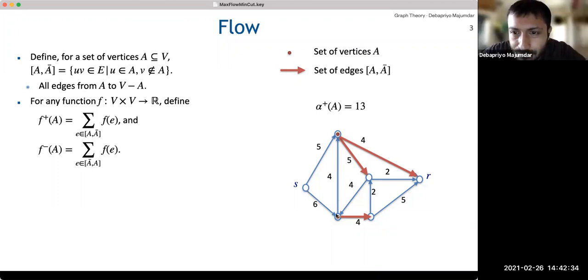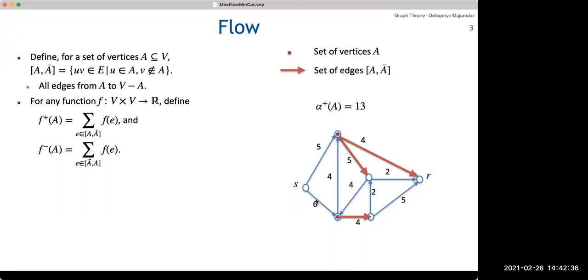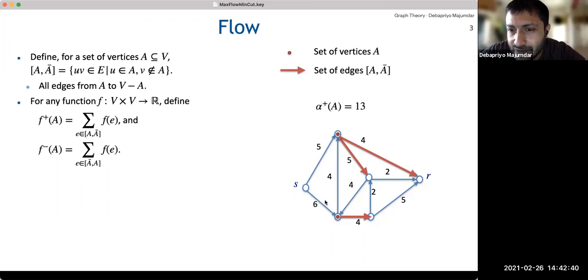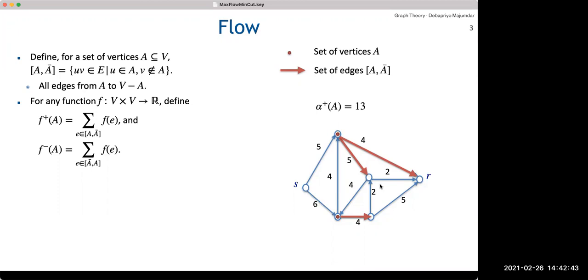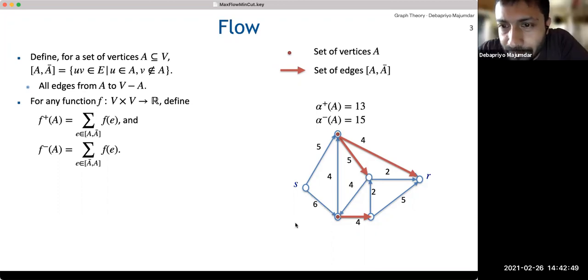What about this one? This will be included. So 5 plus 6, 11. Any other edge? What about this? 4. Yeah, so that's another one. So I think it's 15, right? So 5 plus 6 plus 4. All right, so this is for alpha.